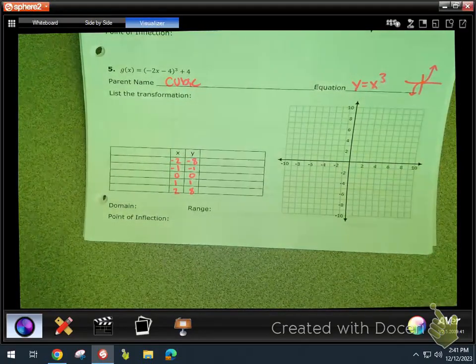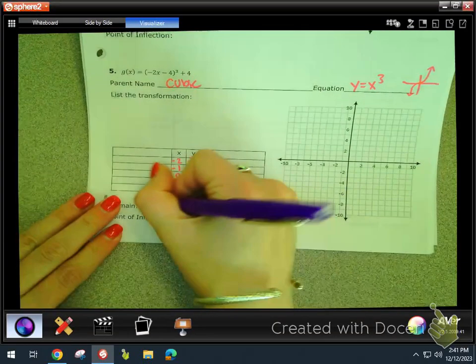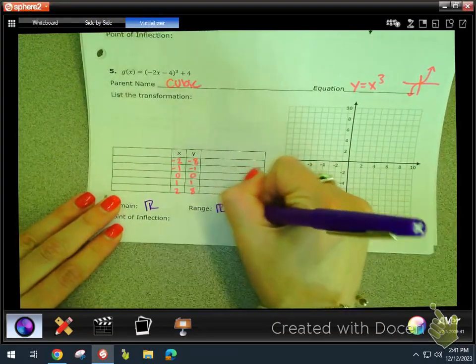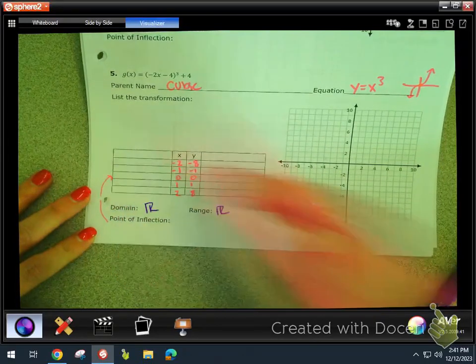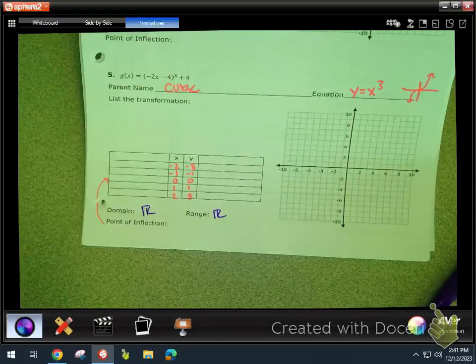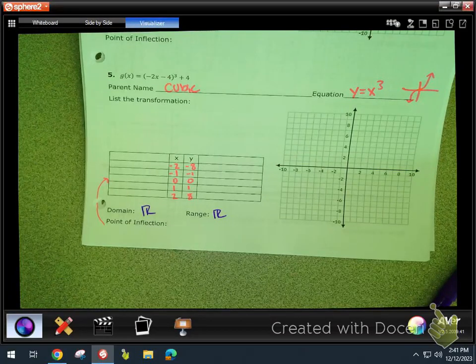What's the domain and range of these? You should be able to do all these real quick. And your point of inflection, it's cubic, because it's x to the third. 0, 0, right? You got a b value there, though, that is not factored out, so you need to fix that.